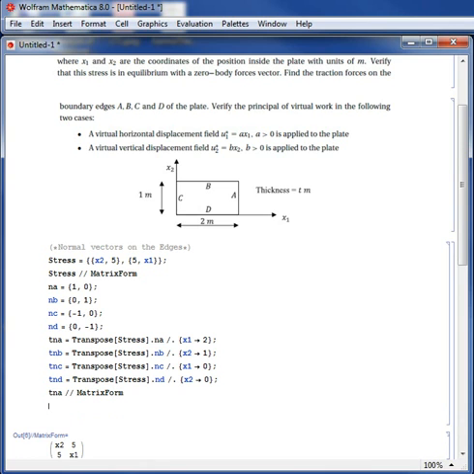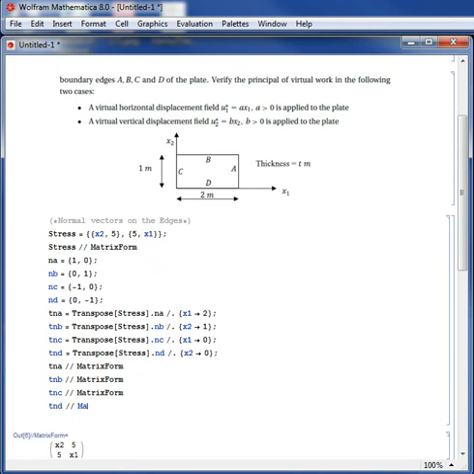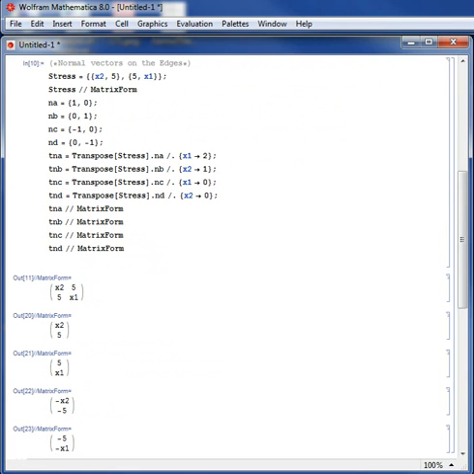And let's look at TNA, TNB, TNC, and TND in matrix form. And you should verify these are the numbers. These are the same that we obtained when we did this by hand in the lecture.